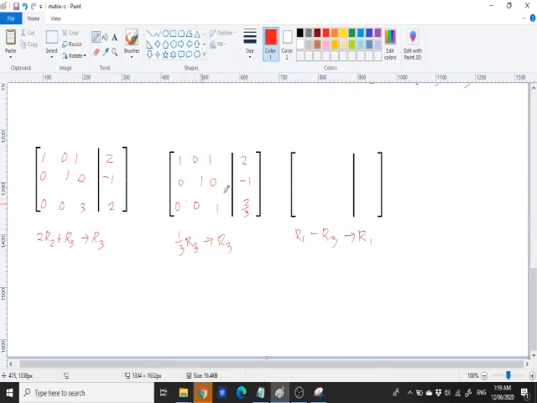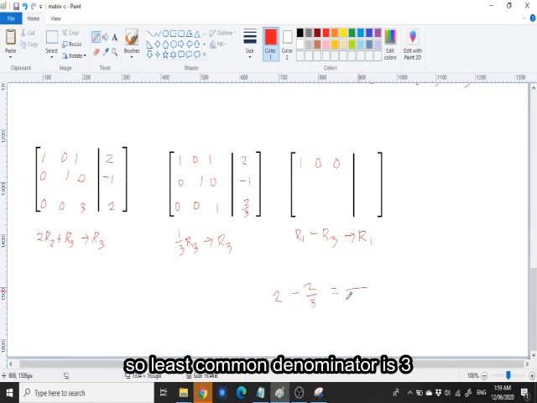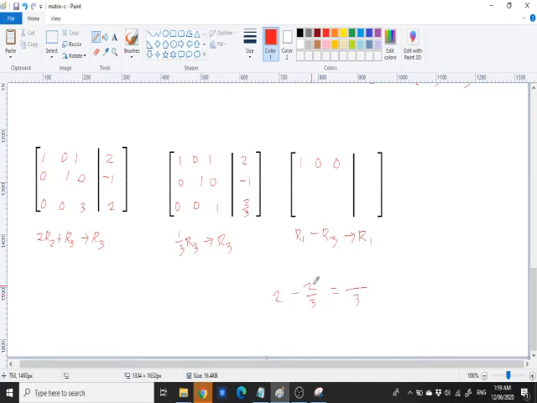So 1 minus 0 is 1. 0 minus 0 is 0. And then 1 minus 1 is 0. And then 2 minus 2/3. So let's solve it. The common denominator is 3. So how do you do this?